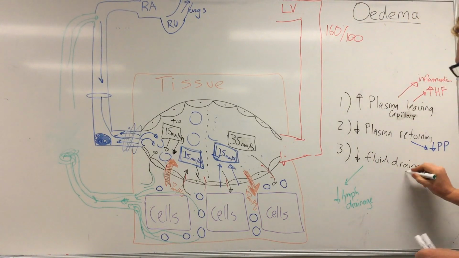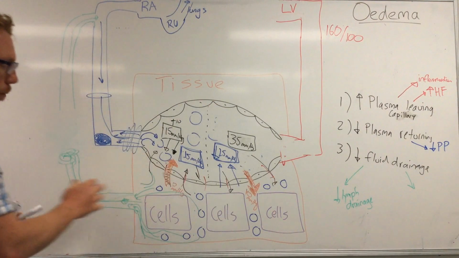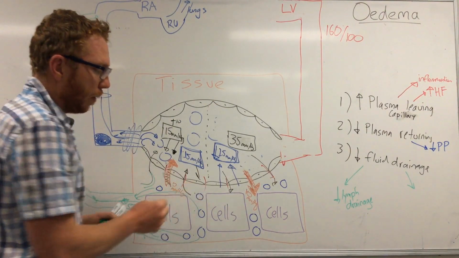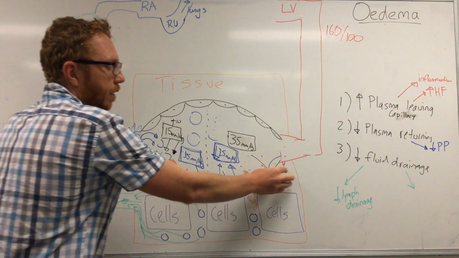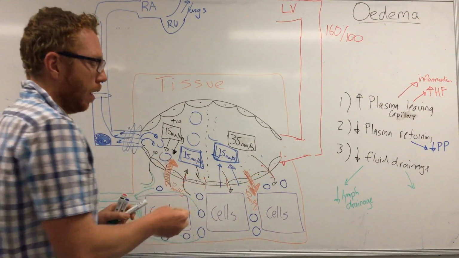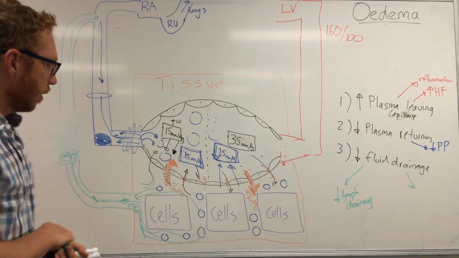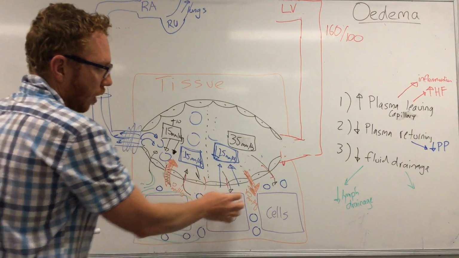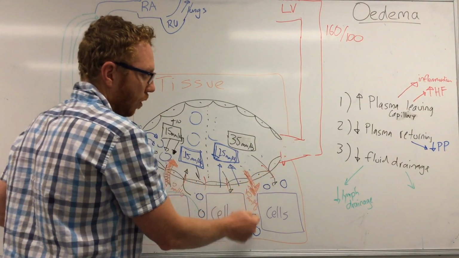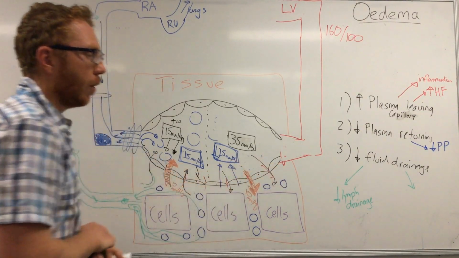okay, or another one would be that kind of works at the same level. Because remember we spoke, plasma proteins will go into the tissue at a small amount all the time, and they usually get taken back into the venous circulation through the lymphatic. But if you have too much plasma proteins or certain things within the tissue, that's going to cause fluid to go into it.